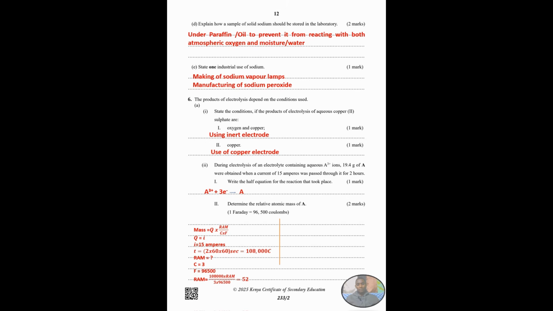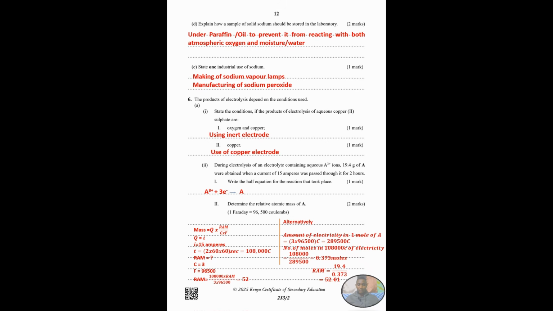Learners, this was method 1. We also have an alternative method in case you don't have the formula in your mind. So what we do, we determine the amount of electricity in 1 mole of A, and because we discharge 3 ions, we take the 96,500, that is 1 Faraday. So in this case, we have 3 Faradays.